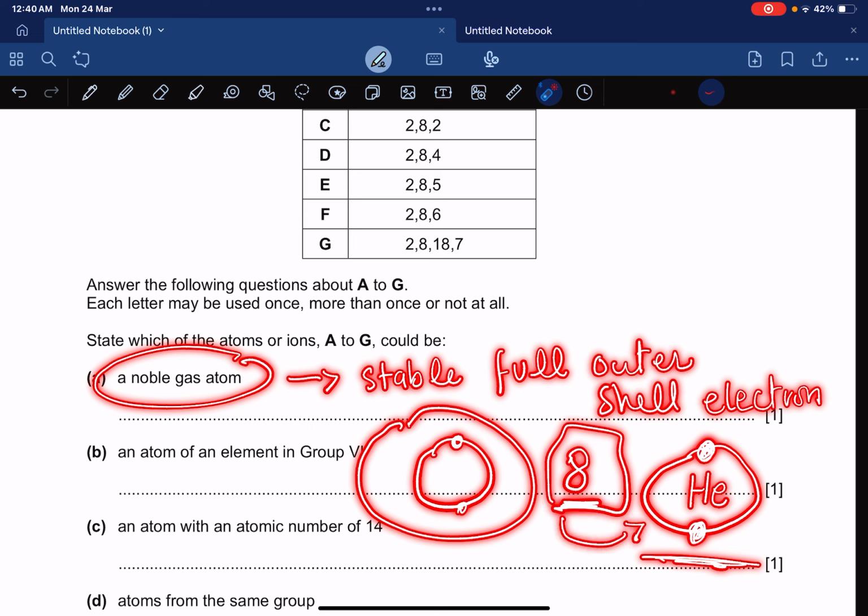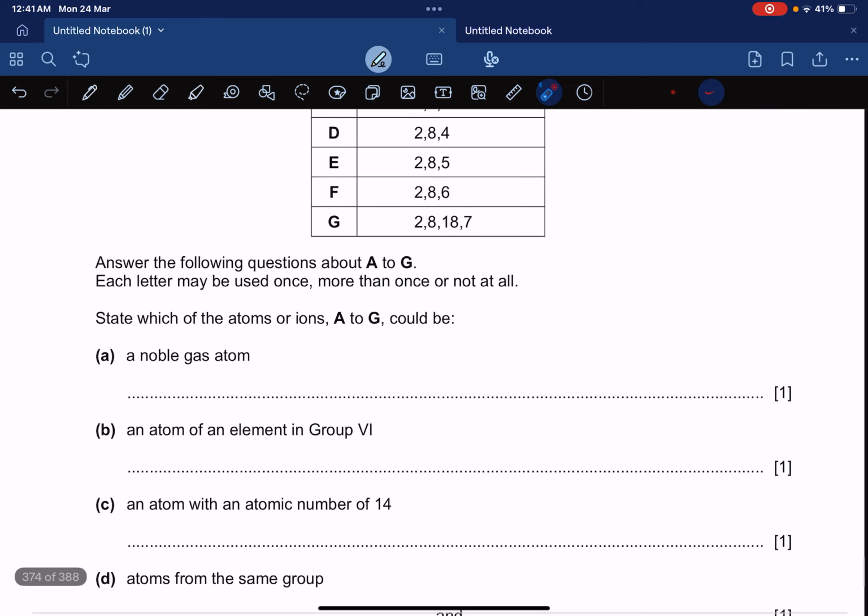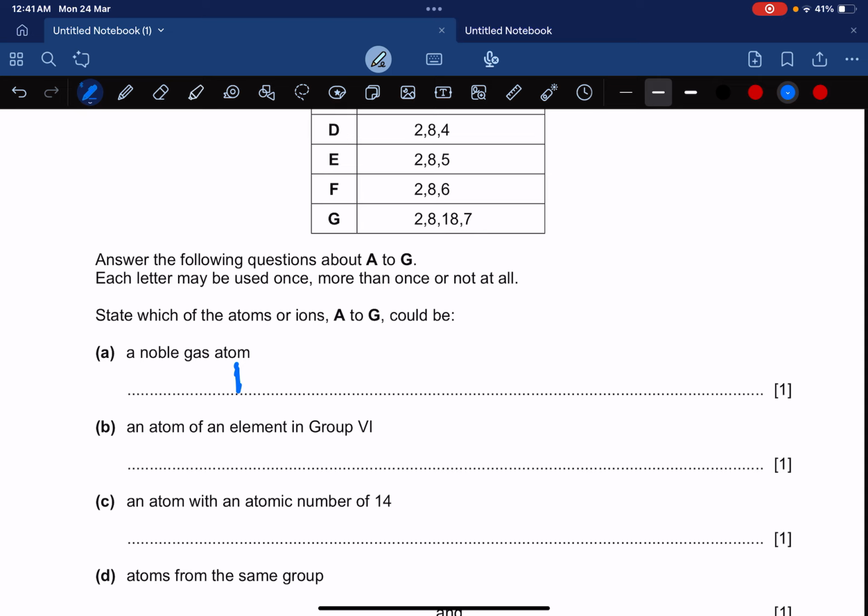So what you need to remember is that whatever shell it is, either the first shell or the second shell, it is at its full capacity, meaning it has all the electrons it can hold. Okay, it's a noble gas atom, so it's obviously going to have this 8 part, or do we have another 8? No, we have only this one. So it has to be B. So we're going to write B over here.